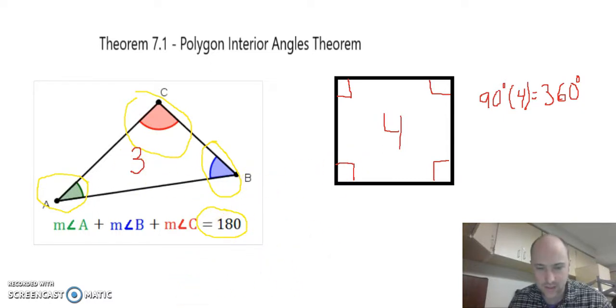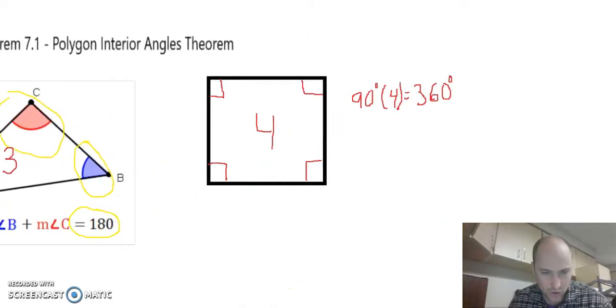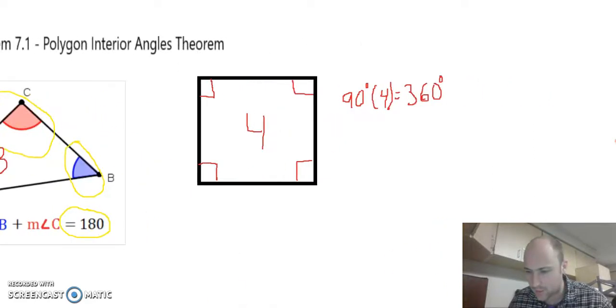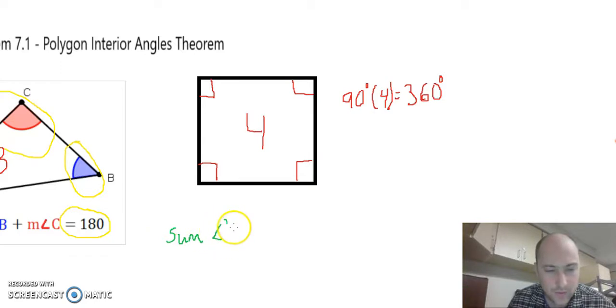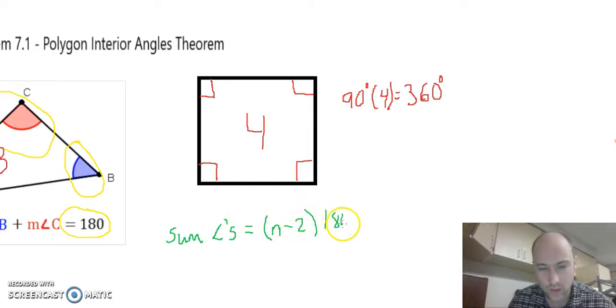What this theorem states is that the number of sides is what's going to determine what the interior angles add up to be. The theorem says that the sum, so if we add up, that's what sum means, the sum of the interior angles equals n minus 2 times 180 degrees.